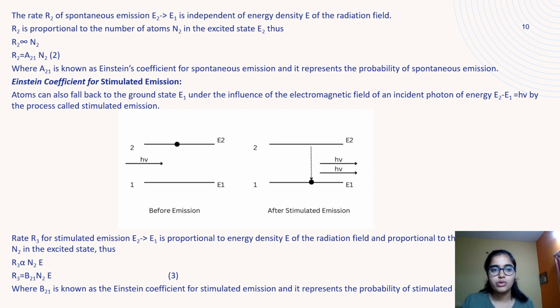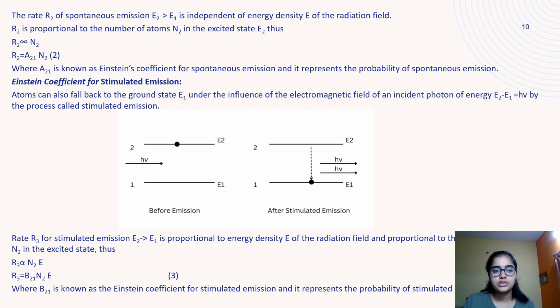Third is Einstein's coefficient of stimulated emission. Atoms can also fall back to the ground state E1 under the influence of the electromagnetic field of an incident photon of energy E2 minus E1 is equal to h mu, by the process called stimulated emission.